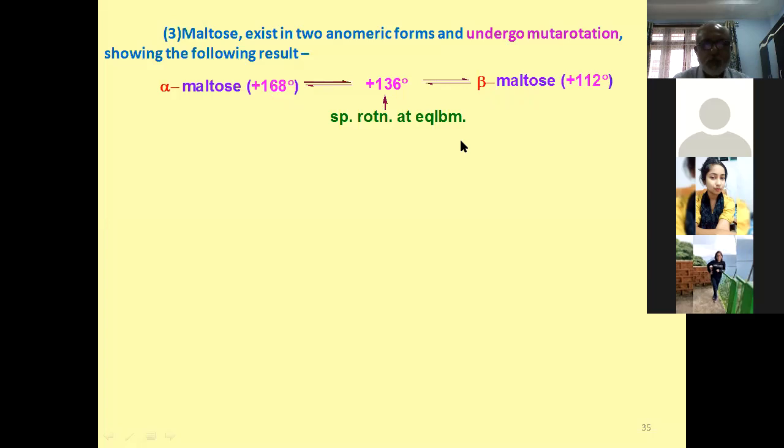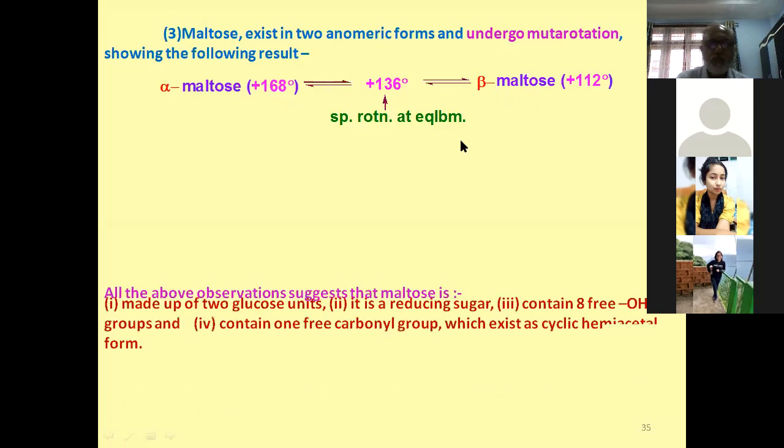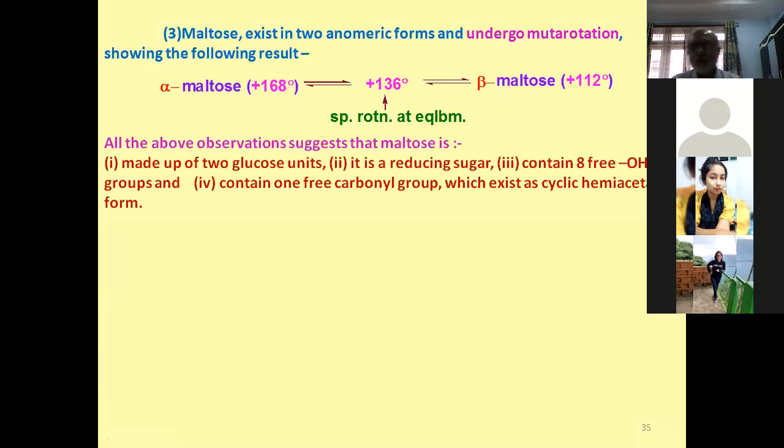Okay, so if we combine all the information, what are the different pieces of information we have got? All the above observations suggest that maltose is, number 1, made up of 2 glucose units. Second, it is a reducing sugar.